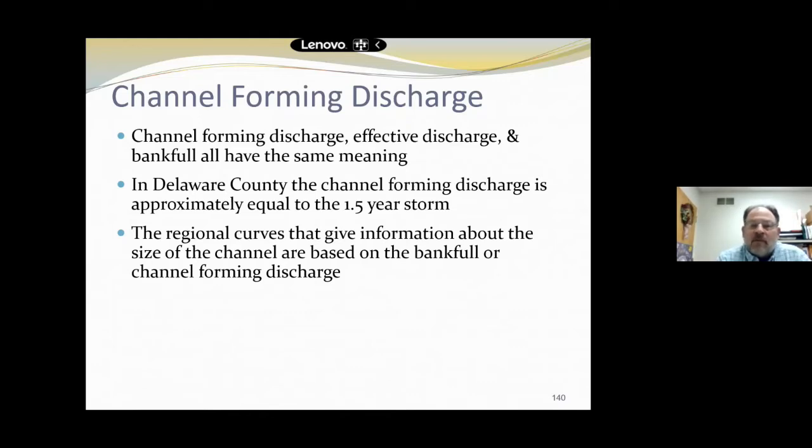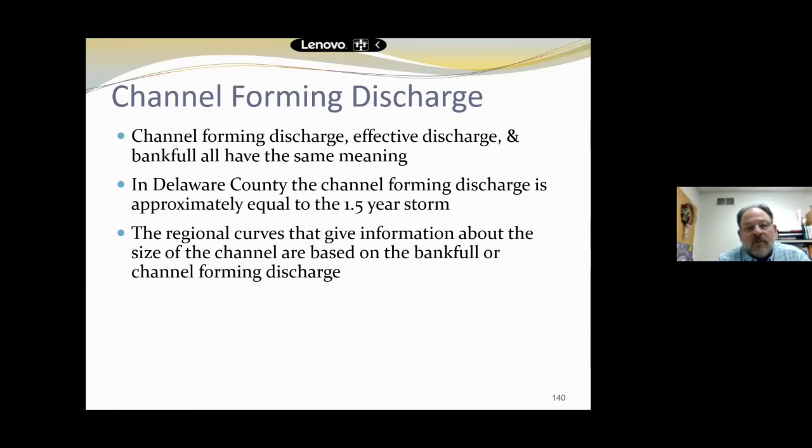So knowing that the discharge rate, we have had regional curves designed to show what bank full depths should be, which will give us the depth of the channel. That's going to show us what the channel forming discharge height is generally.